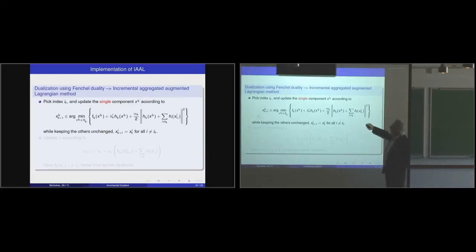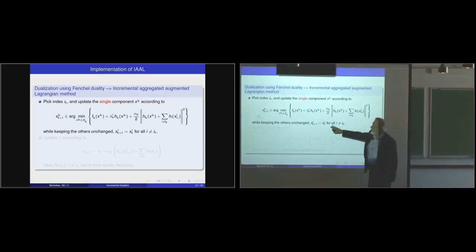This is an incremental aggregated augmented Lagrangian method. Pick an index, minimize a component augmented Lagrangian corresponding to that index. This is the optimization component, and you recenter the quadratic, you recenter the penalty, but at values of previous components. So this is a one-dimensional minimization, essentially, or small-dimensional minimization. And the separability issue has been overcome.